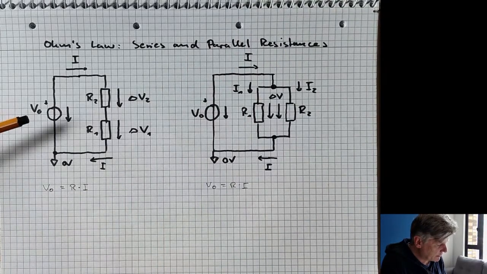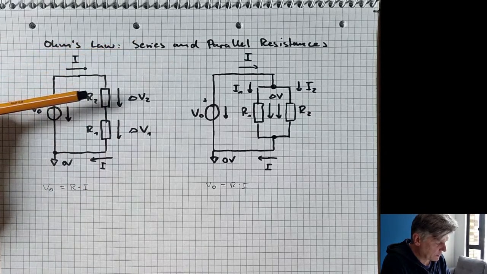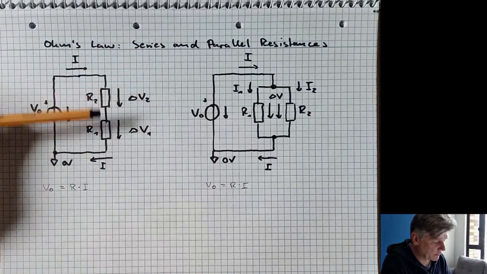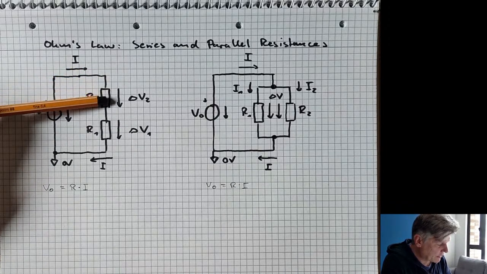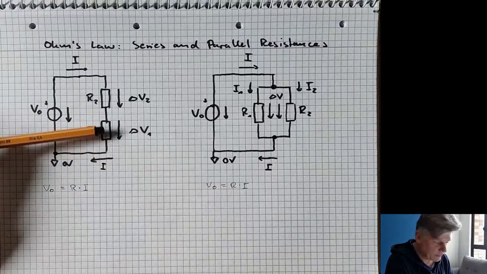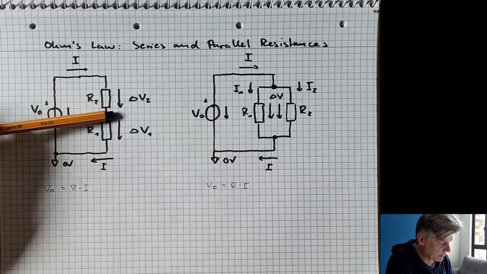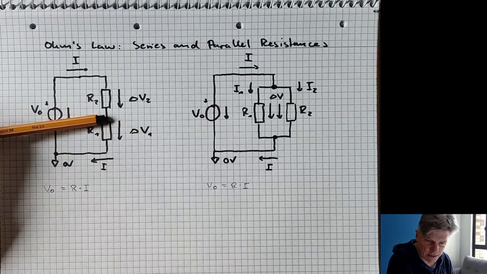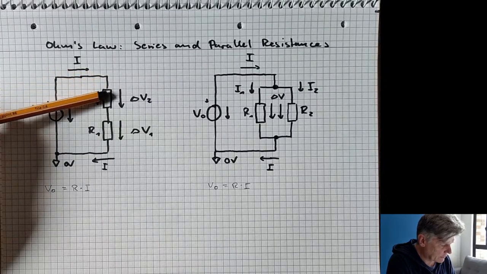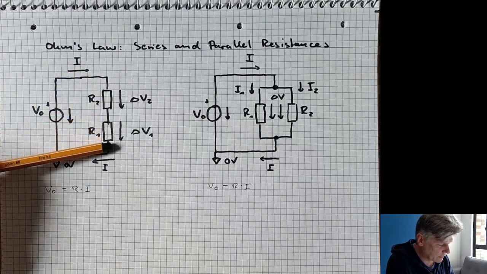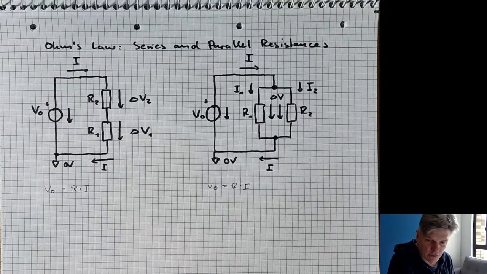You see that in the case of the series resistance of two resistors R1 and R2, the current is the same through both resistors because there is no junction here where the current could be split. So that means I coming from the voltage source is the I running through resistor 2, through resistor 1, all the same current, and then going back to the voltage source.